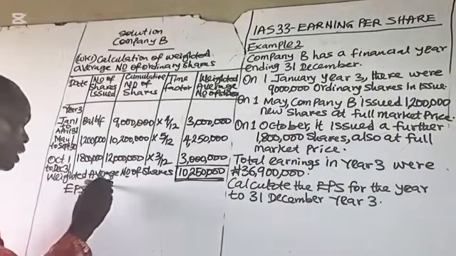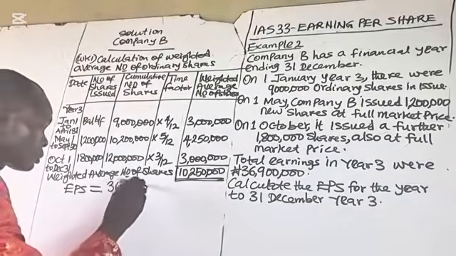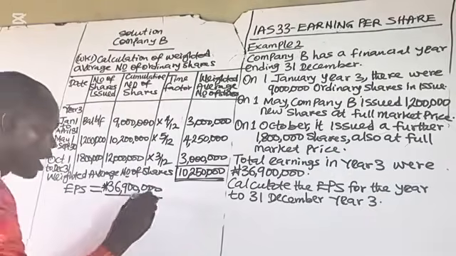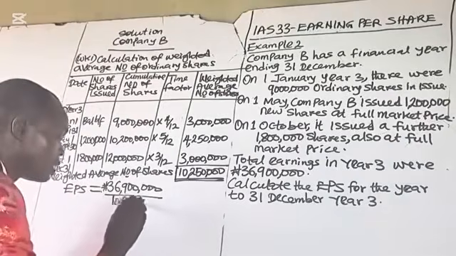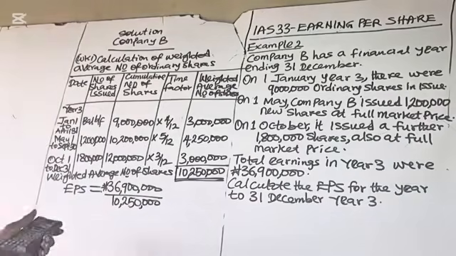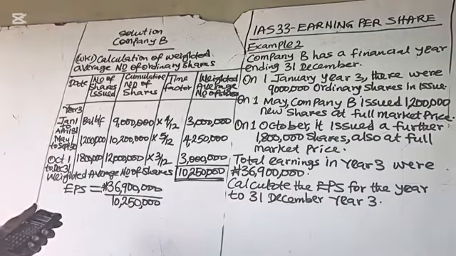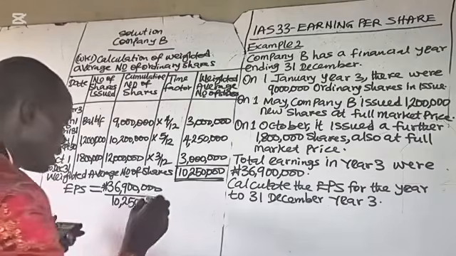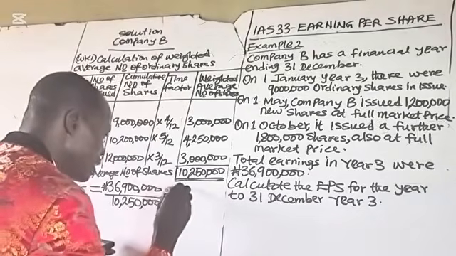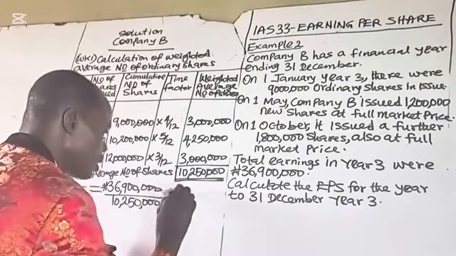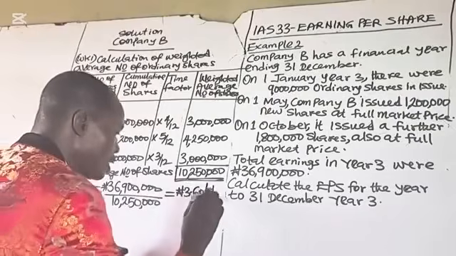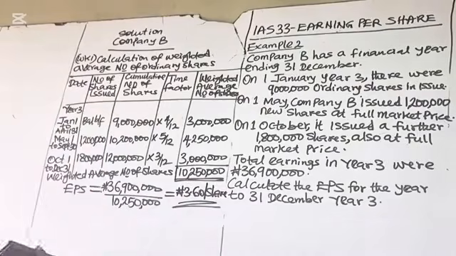So 36.9 million, that is the total profit, over number of shares in issue, which is 10,250,000 shares. 36.9 million divided by 10,250,000. That gives us 3.6. 3 naira 60 kobo per share. That is earnings per share.